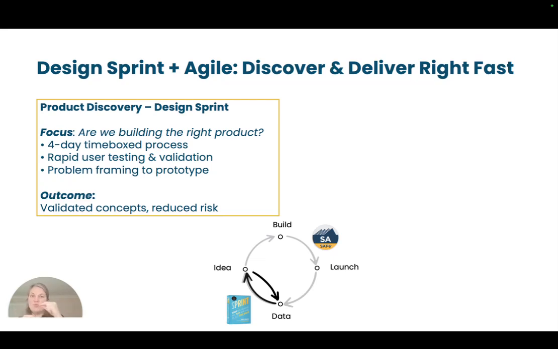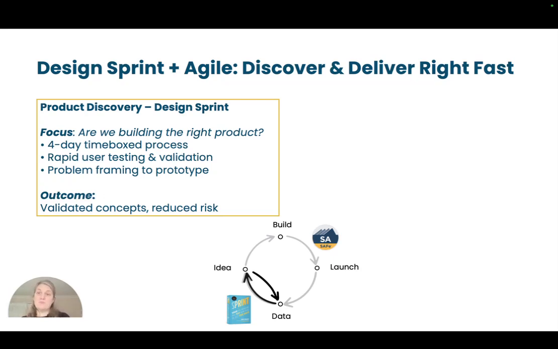Maybe doing a new prototype, modifying things based on the feedback from the users? Or is it actually a solution that is going nowhere and it's best to take a different approach and find a different solution to that problem, because the solution that you have prototyped and shared with customers or users is not the right one? So effectively, at the end of these 4 days, what you will have is validated content with real users and reduced risk in just 4 days.